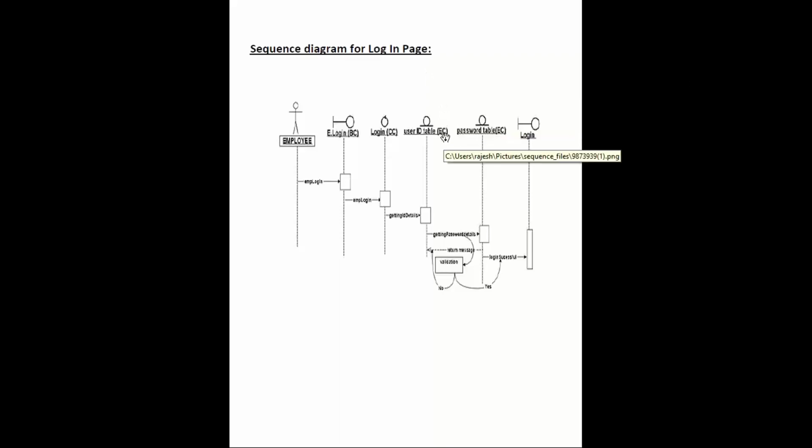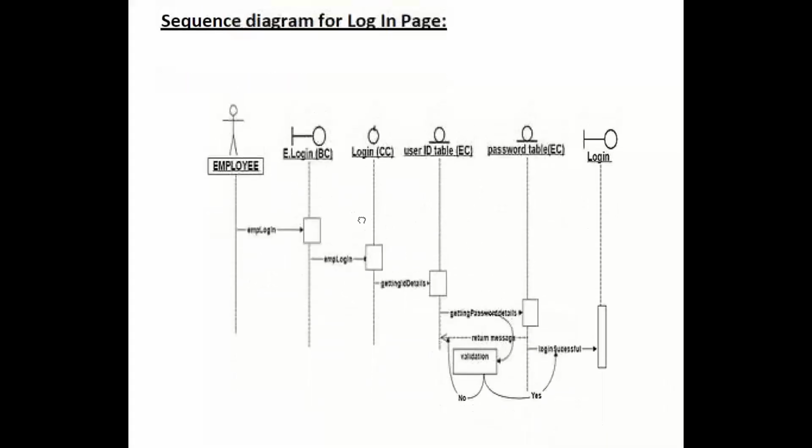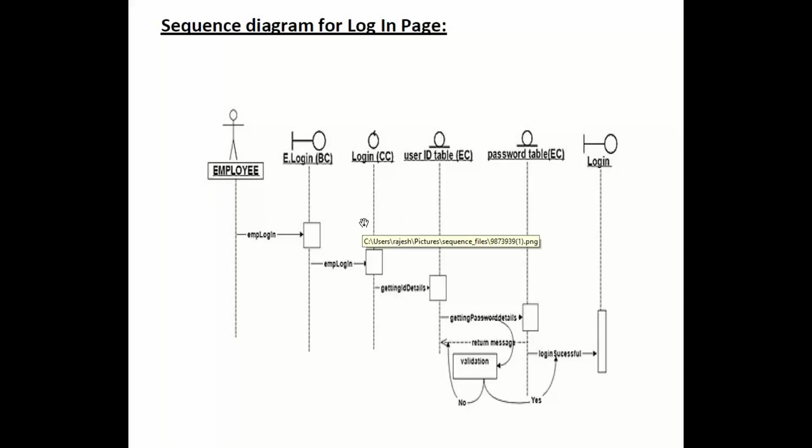So this is how the sequence diagram looks. Let me explain. As I said about the 4 components, these dotted lines are nothing but lifelines, and this is camel casing.